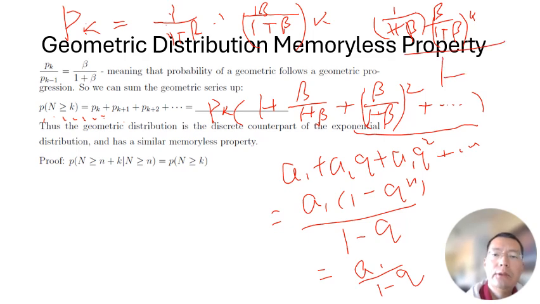In this case q is beta over 1 plus beta, so 1 minus q becomes 1 over 1 plus beta. So this and this will cancel, and essentially you will get this. So the final answer will just be beta over 1 plus beta, to the k-th power.